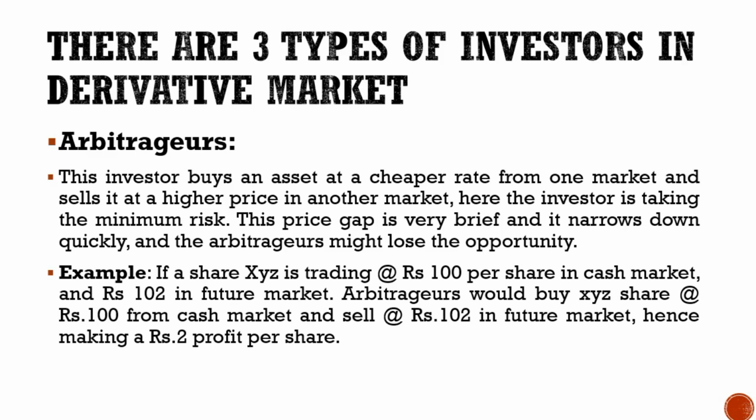So an arbitrageur is nothing but an investor who buys an asset at a cheaper rate from one market and sells it at a higher price in another market, thus earning the difference as profit. This is the first type of investor in the derivative market.